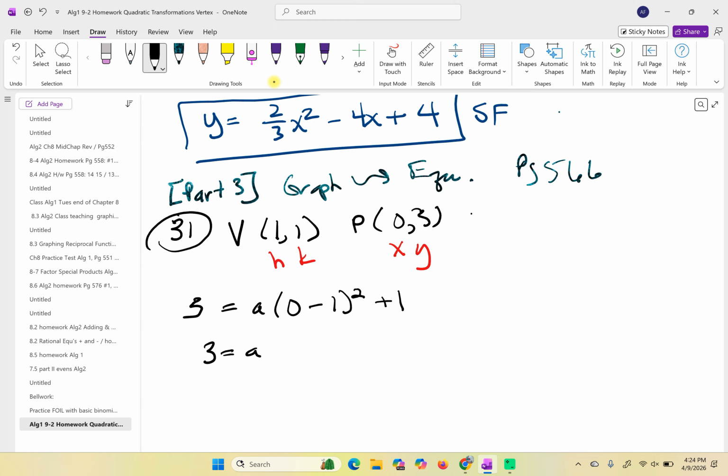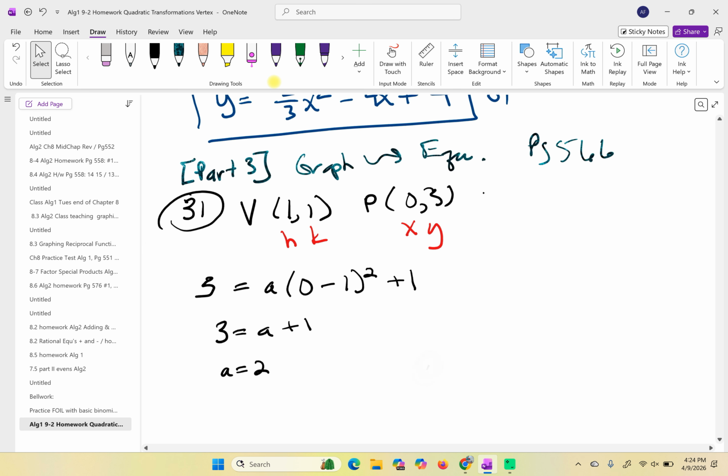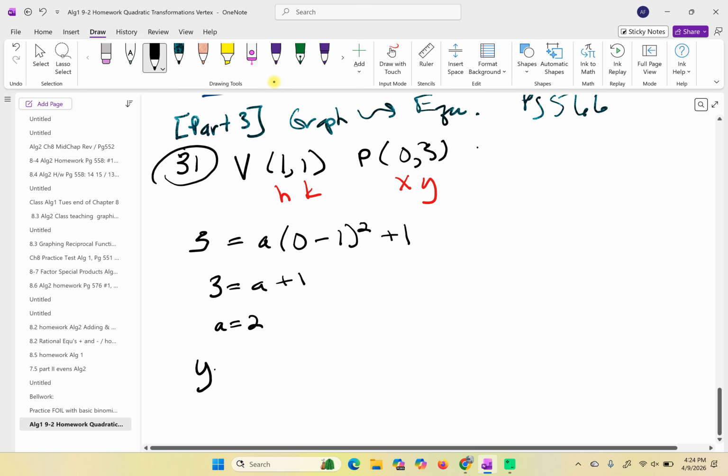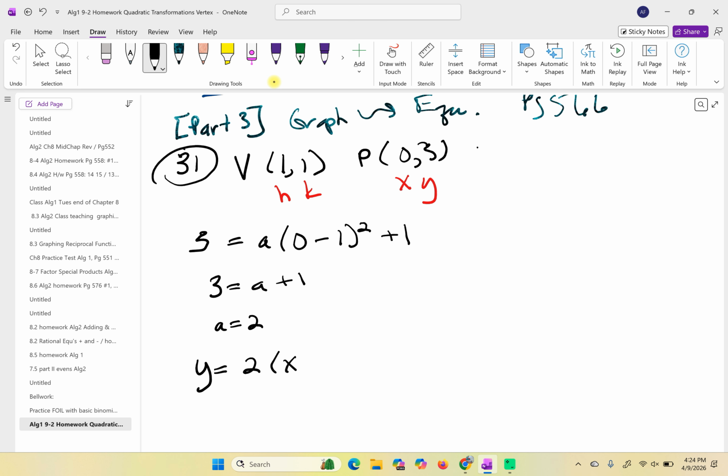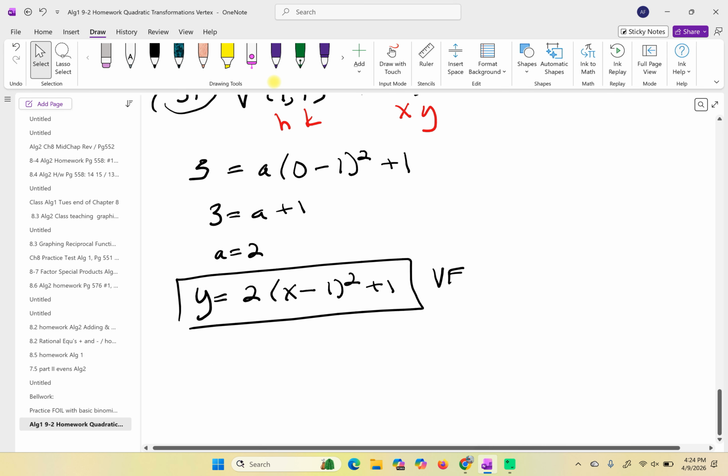Negative 1 squared becomes 1, so that's 1a plus 1 equals 3, so a equals 2. Plug that into our equation. Here's the vertex form. Keep doing the math.